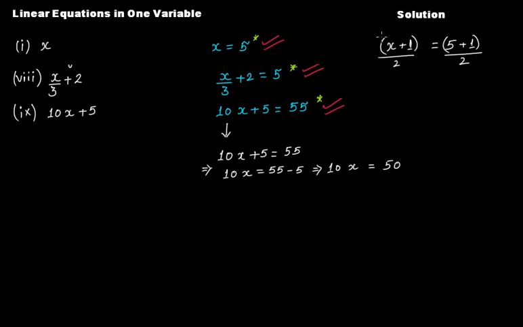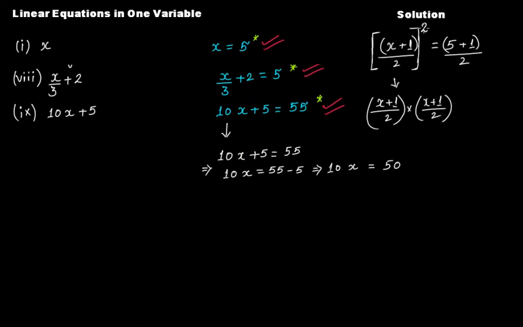Now if I take the whole left hand side and put it squared, like x plus 1 by 2 times x plus 1 by 2, we have learned what we mean by squared and cube.